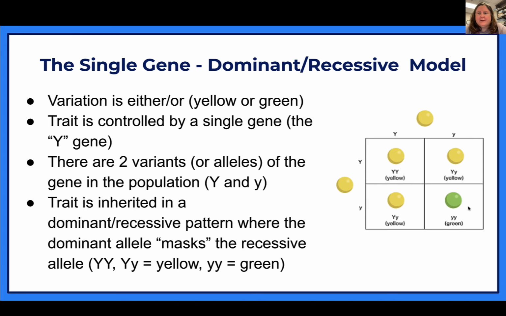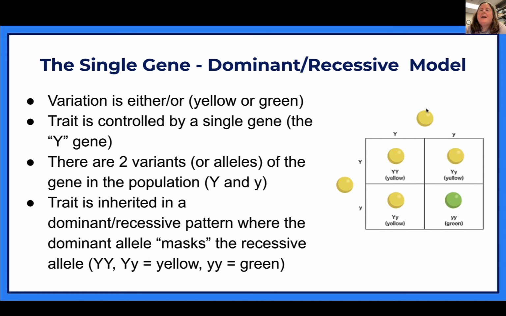Now, this Punnett square is not showing that every pea plant, if this is the seeds, the egg, and this here is the pollen, the plant that determines those, is always going to have 4 offspring. This is showing a prediction of what could occur.